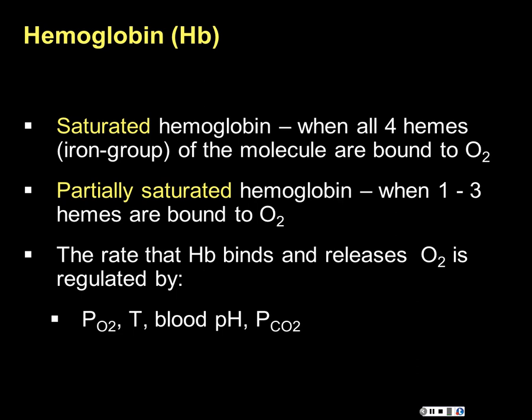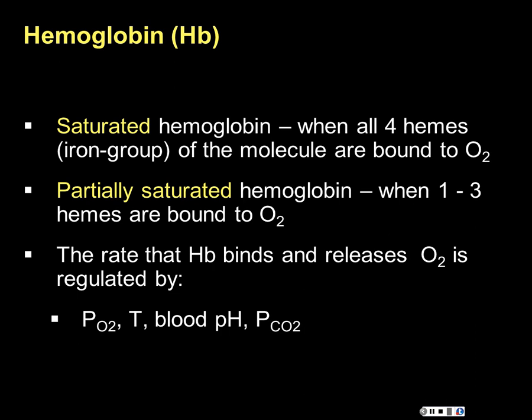But if you remember, carbon dioxide accumulates, carries out a reaction, and we produce hydrogen ion. So all of those factors in metabolically active tissue change the environment so the hemoglobin unbinds oxygen, which is good because when oxygen is dropped off, the tissue can continue to metabolize and do its work.